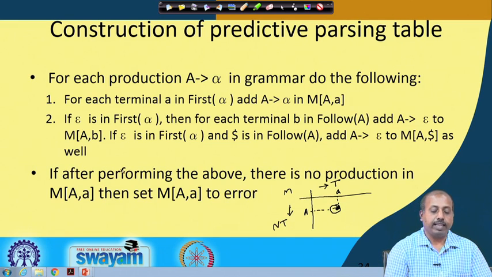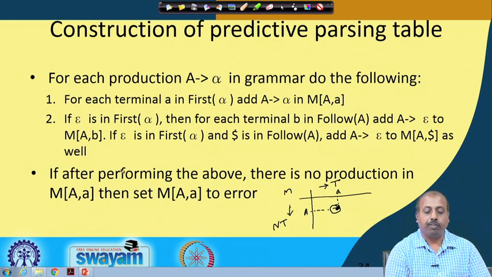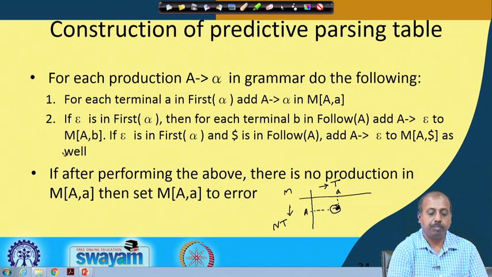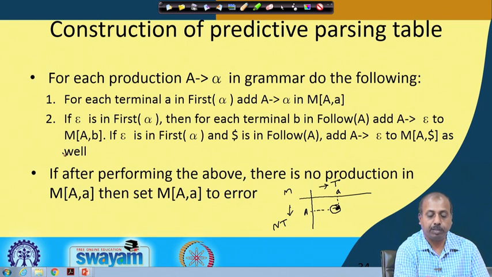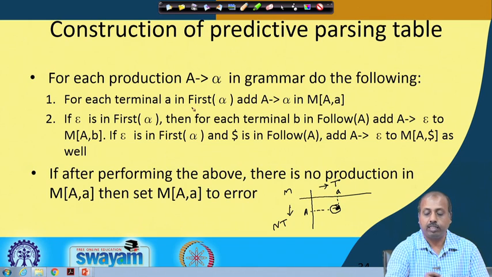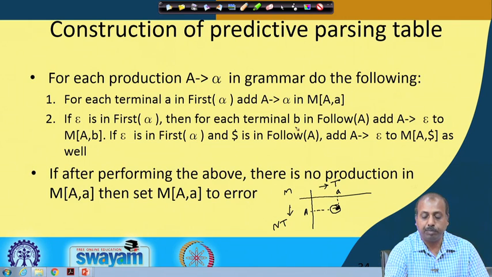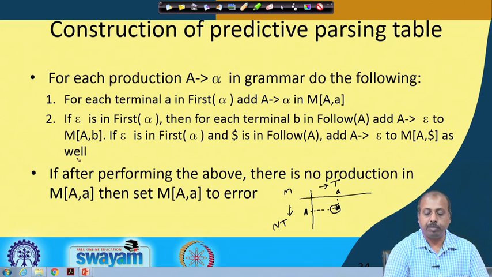Then it says that if epsilon is in first of alpha, then for each terminal b in follow of A, we add A producing alpha to the table M[A, b]. So, if this can give me epsilon, then for every terminal which is in follow of A, I would like to reduce by epsilon, so this will be added to M[A, b].